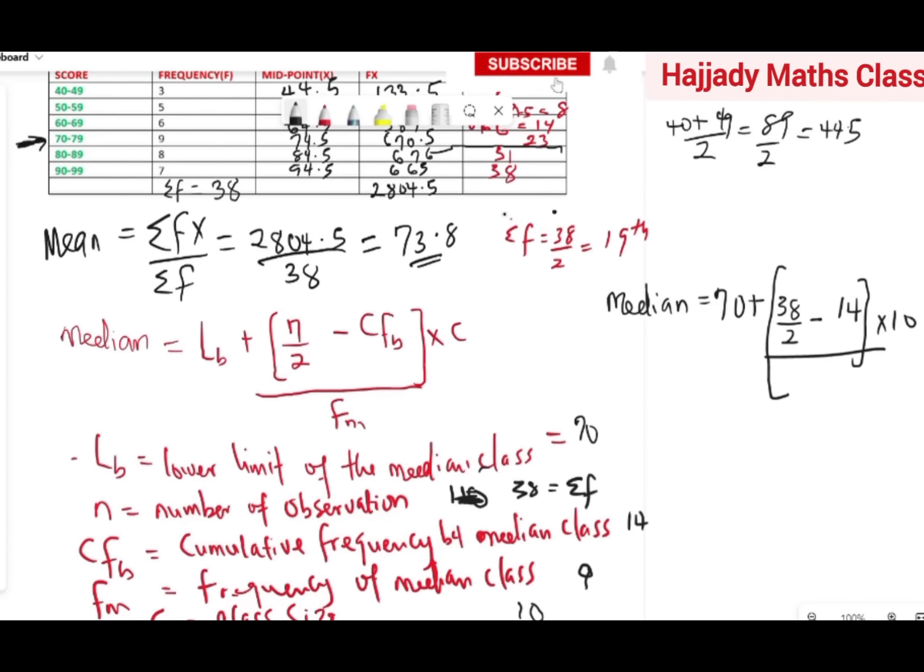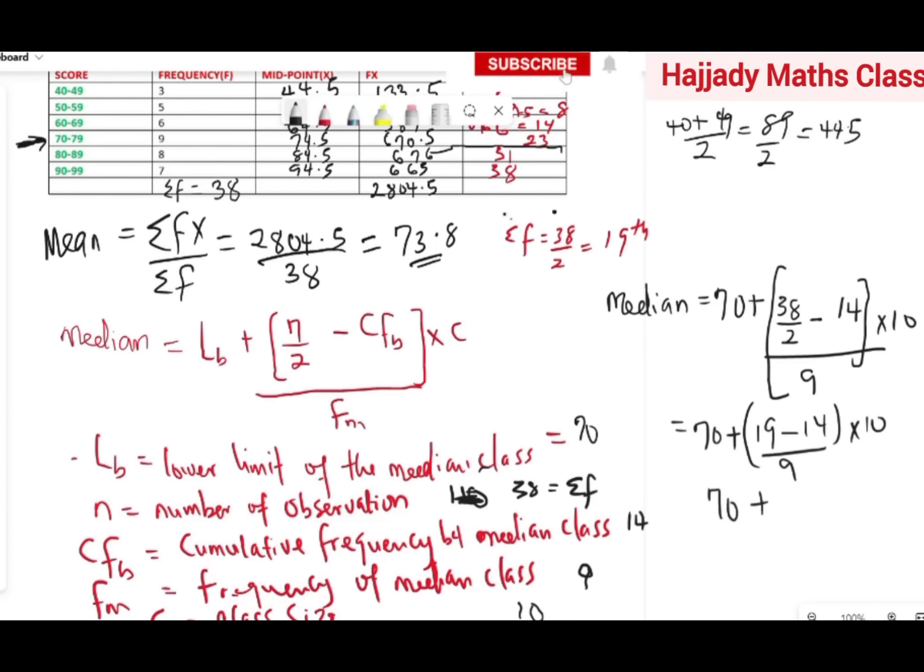Everything over frequency of the median class, which is found to be 9. So going forward, we have 70 plus 38 divided by 2 is going to give us 19 minus 14, everything over 9 multiplied by 10.